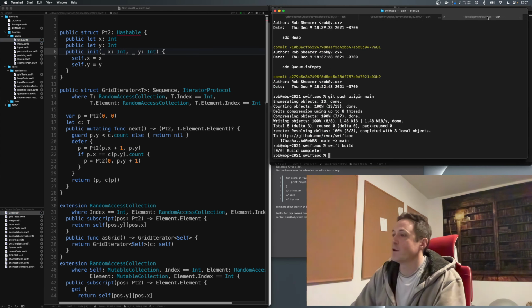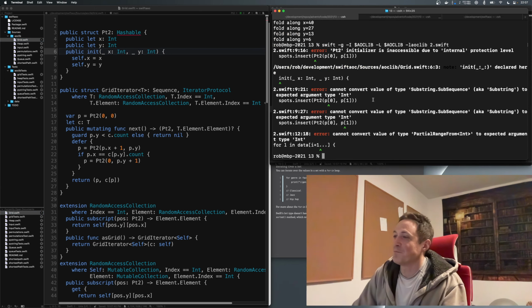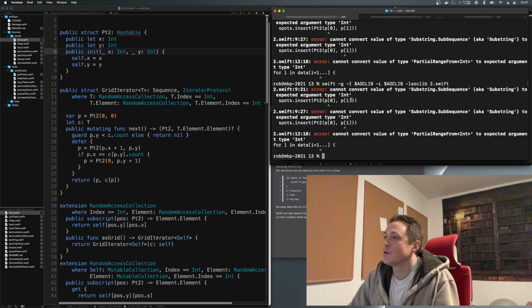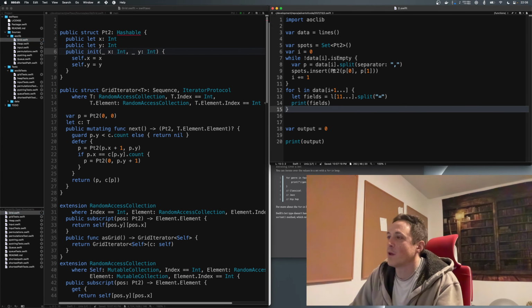So let's go over here and just do a quick rebuild. And then, okay. 2 spots insert. There we go. That's looking more like it.